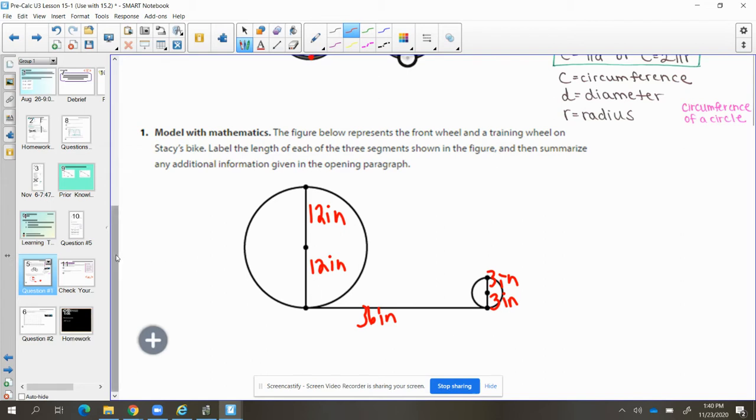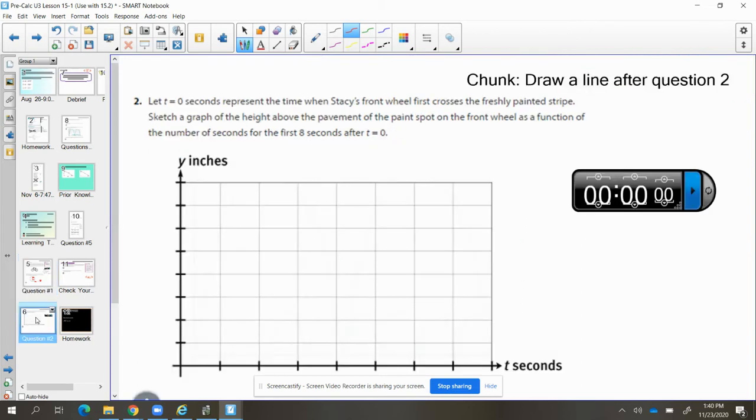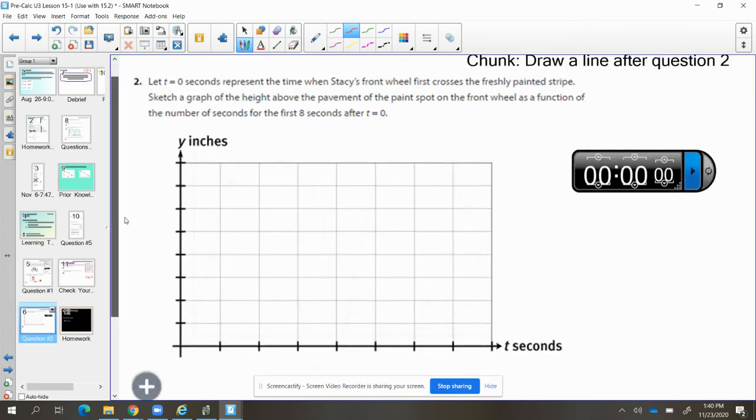Okay, so if we think in the context of the situation, and we were to graph this for the big wheel, let's focus on the big wheel first. We're starting here at 0. Think about that paint splatter on the ground: the peak it's going to be off the ground is 24 inches. And again, it's going to repeat itself by the time we get to 4 seconds.